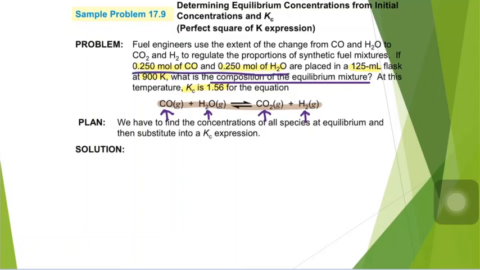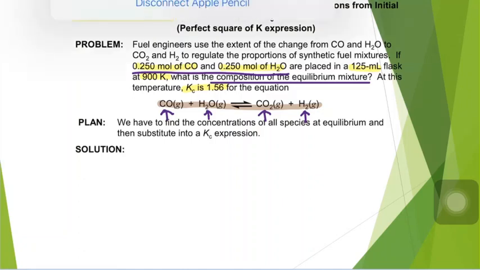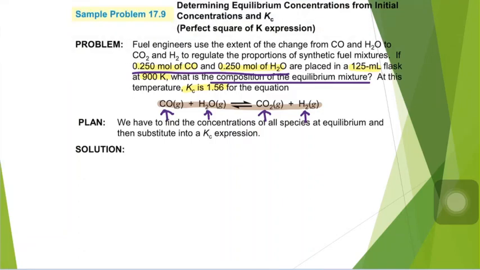What we have here is the amount of them placed initially in the reaction container. So to solve this, as usual, we have to have the ice table. Since the amount given here is in moles, firstly we convert it to concentration. Okay, so that's the plan.